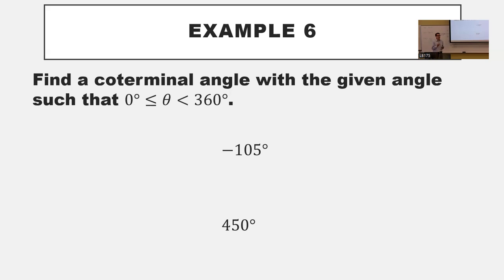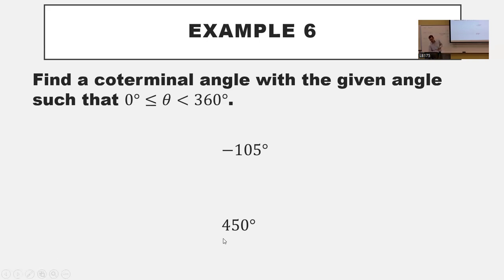So I know that 255 degrees is coterminal with negative 105. And that 255 is between 0 and 360. So 255 is the angle I want there. I didn't write it on the board, but if I want to find a coterminal angle, just keep adding or subtracting 360 until our angle becomes between 0 and 360.